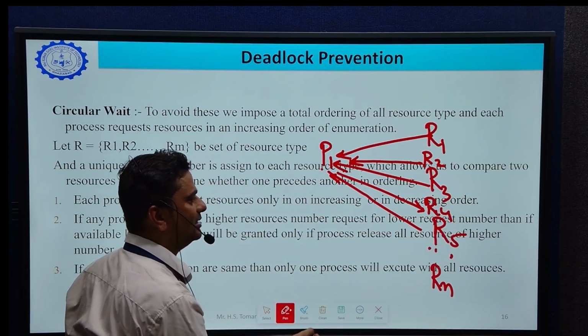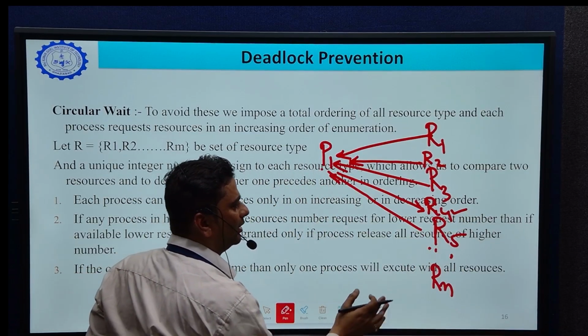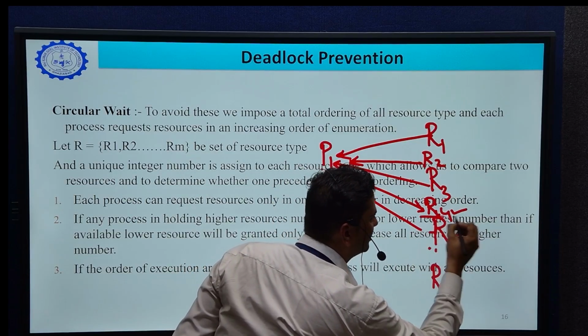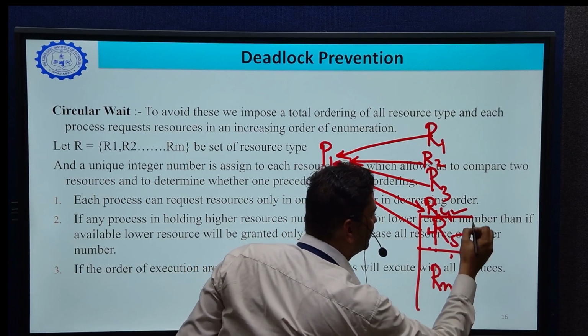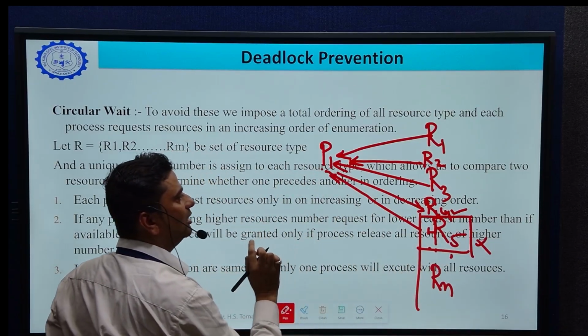Now in that case this resource can be allocated only if this process releases all the resources above this number. That means the process has to release R5, then only R4 will be allocated to the process P1.